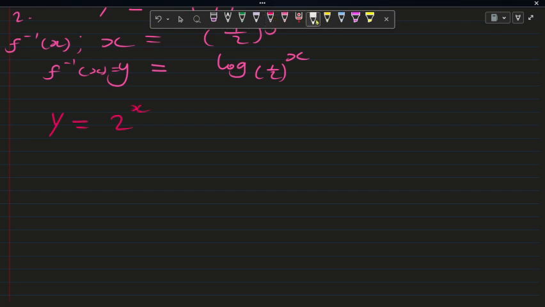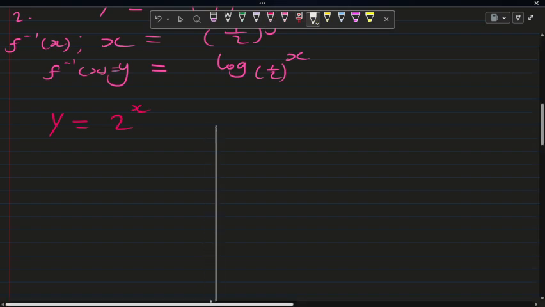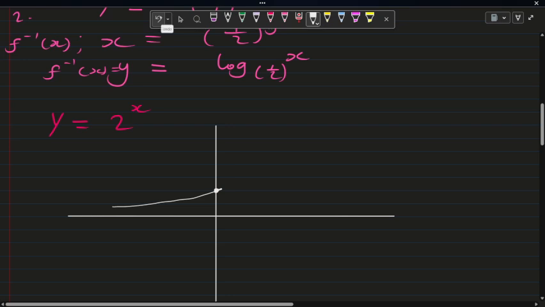If I sketch this graph, it will look something like this. I will have my y-intercept at x is equal to 0, y is equal to 1. Let me put the point there. And then my graph will be an increasing function, like that.